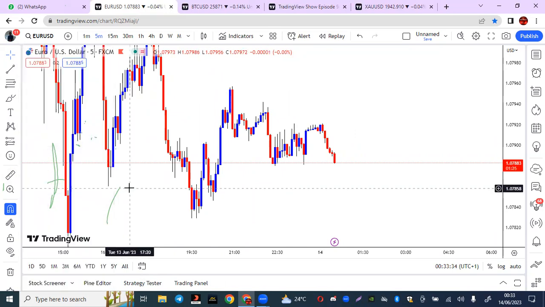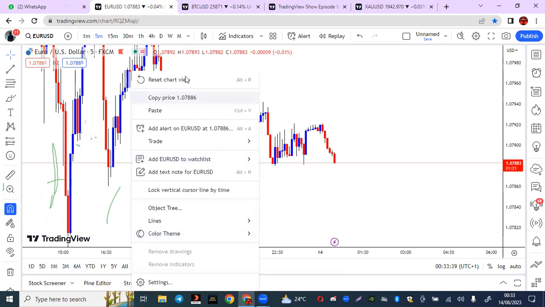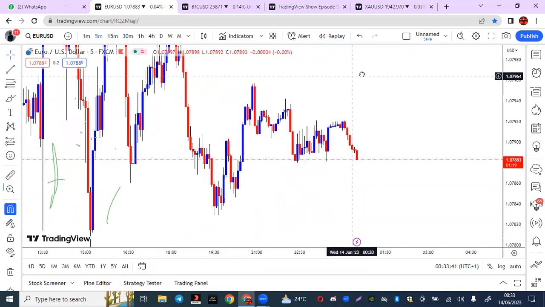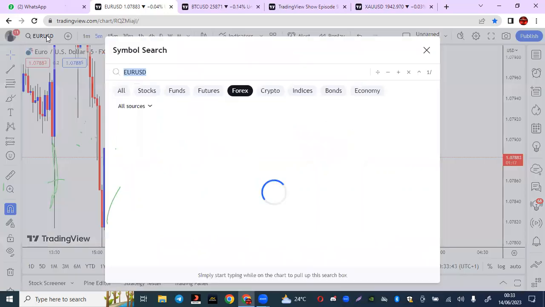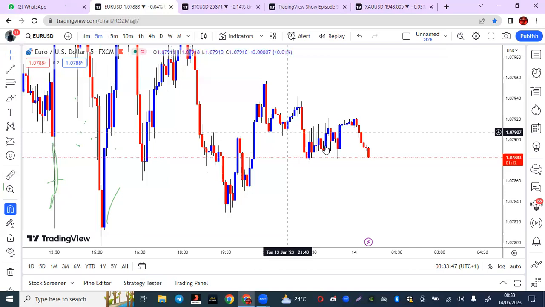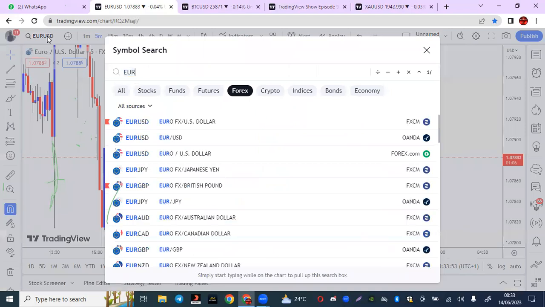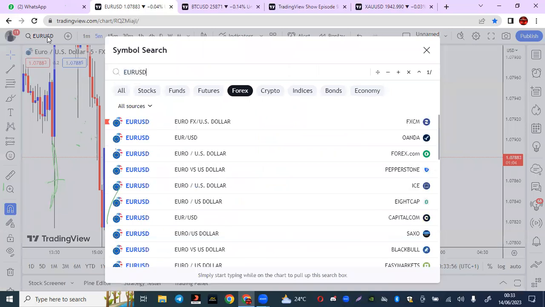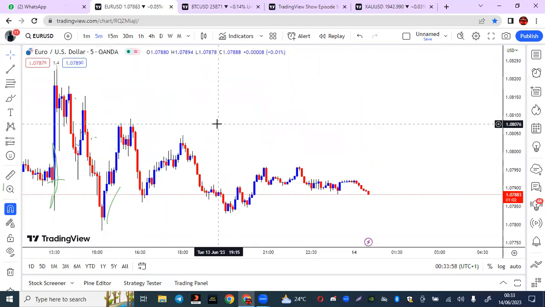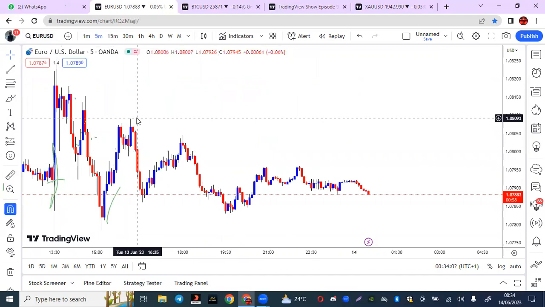This green line, is it coming from me? Wait, let me see. Why can't I remove drawings? It's from the screen, I think. It's not from me. I think someone drew it.